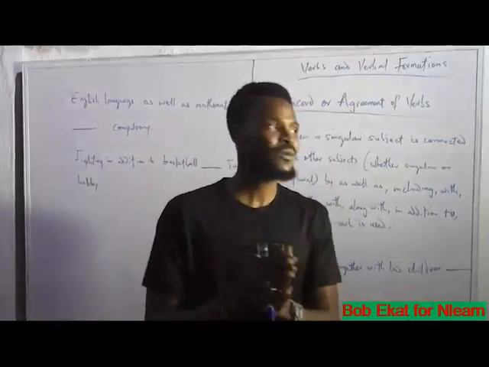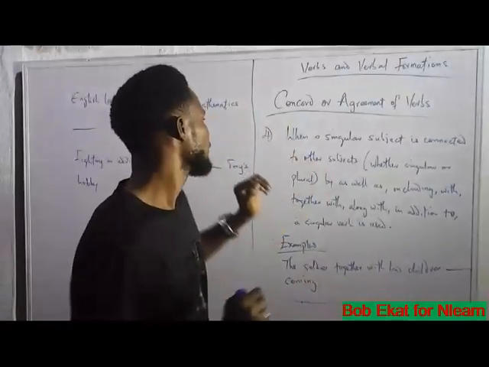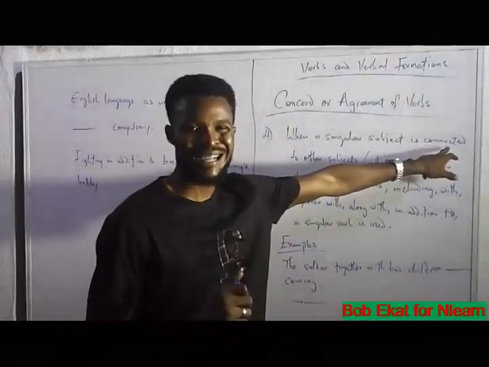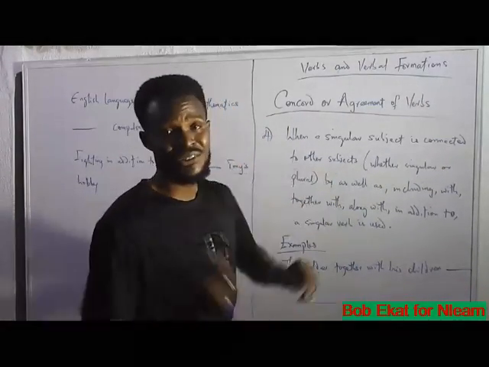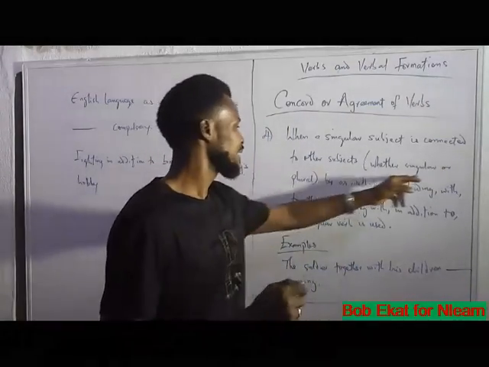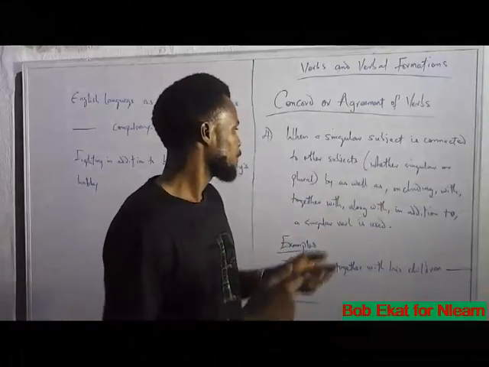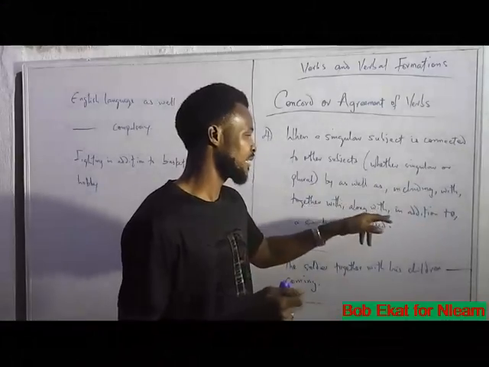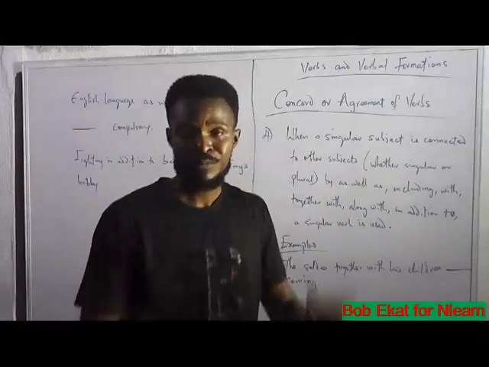Now, let us look at the first rule. When a singular subject is connected to other subjects, whether singular or plural, by as well as, including, with, together with, along with, in addition to, a singular verb is used.